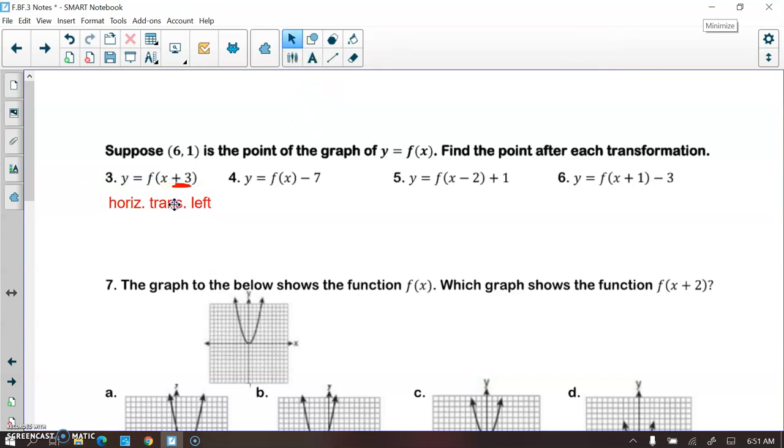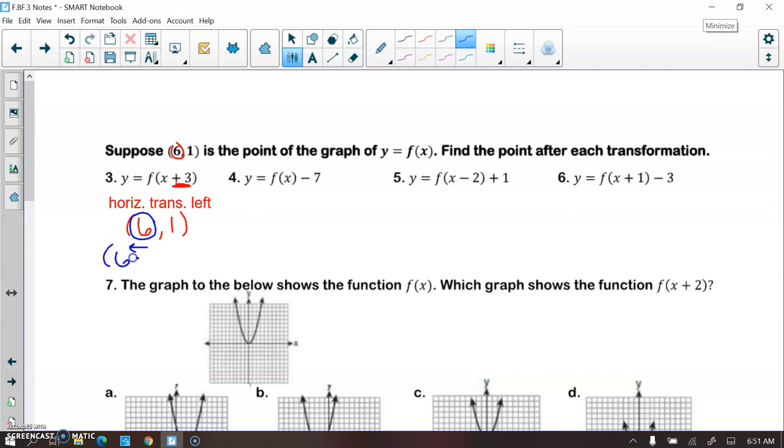When you are doing a horizontal translation, all that affects is your x value. So if I have (6, 1) to start, a horizontal translation left would mean that I'm moving my x value to the left 3 units, which means I'm going to want to subtract 3 from that x value.